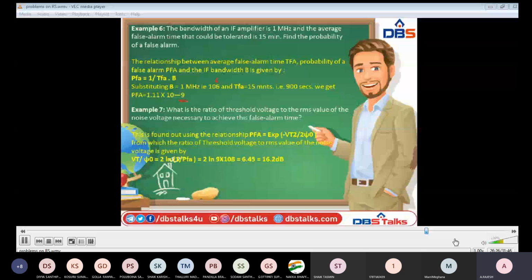You need to find out the Vt, right? So Vt square by psi naught is equal to 2 into logarithm of 1 by PFA. Okay, 2 into logarithm of 1 by PFA, where PFA is the probability of false alarm they have given.